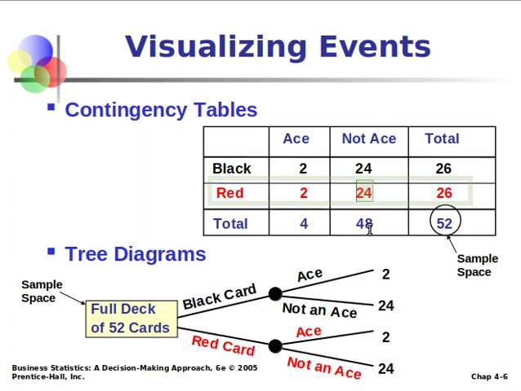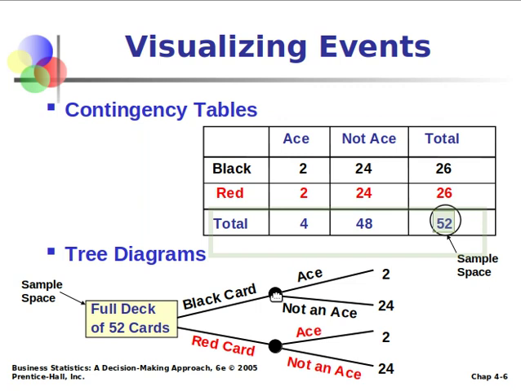In all, there are 48 cards that are not aces, and there are 4 cards that are aces, for a total of 52. Now that's visualizing events, particularly a deck of cards. Events, if you play cards using a contingency table.